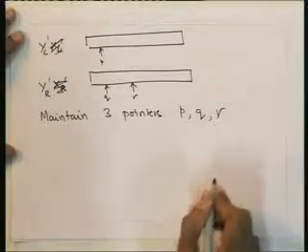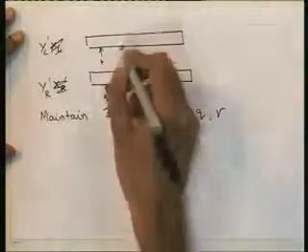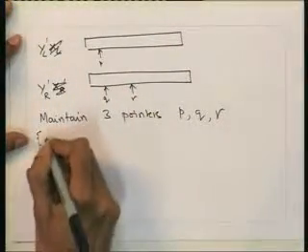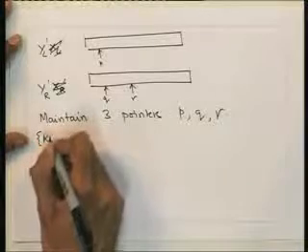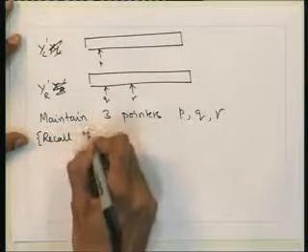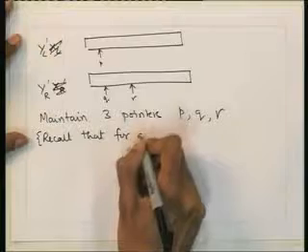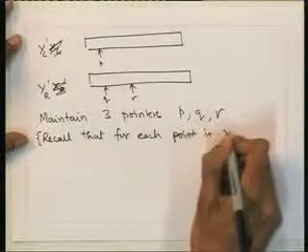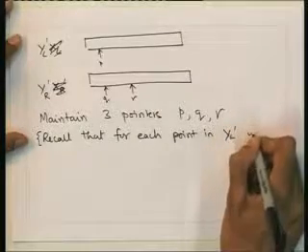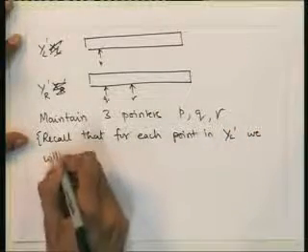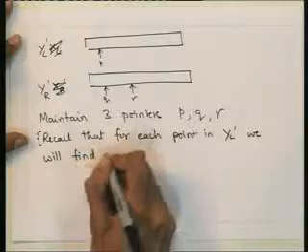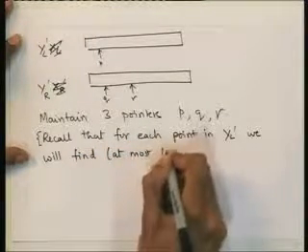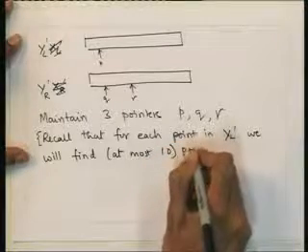Let me quickly recall what we are going to do for each point here. Recall that for each point in YL prime, we will find at most 10 points.